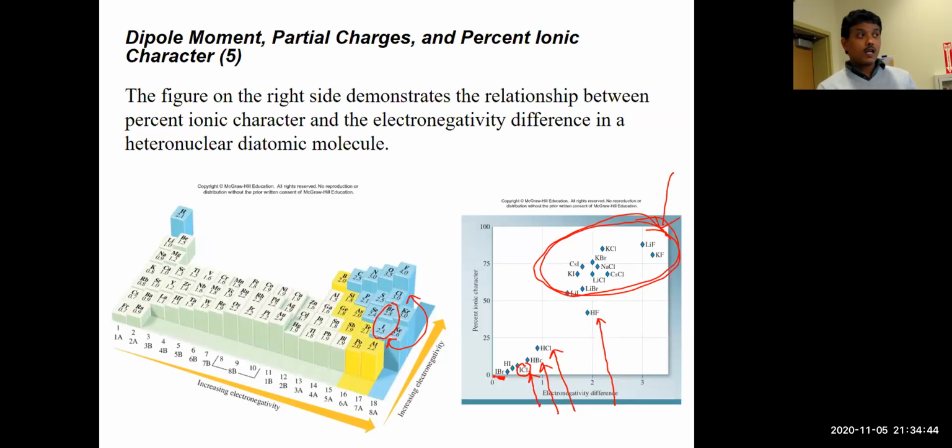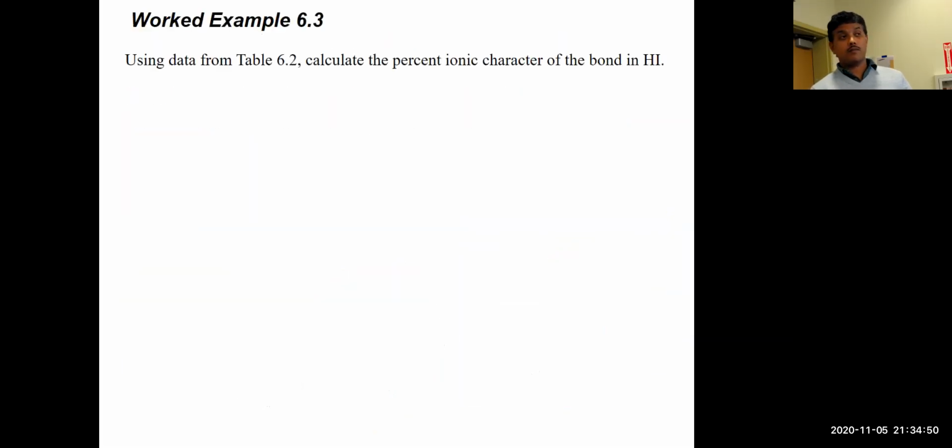So let's look into how to calculate ionic character using the next problem here. Okay, let's look into this problem. The problem is asking us to, using the data from table 6.2, calculate the percent ionic character of the bond in HF. Okay, the bond in HF.